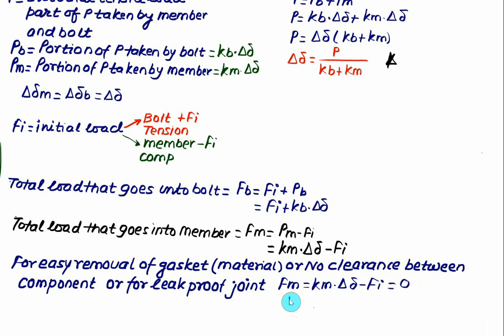Or we have the initial load Fi should be equal to Km multiplied by del delta, and we can replace the value of del delta as P upon Kb plus Km. So this time we'll get the equation as Fi equal to Km upon Km plus Kb multiplied by external force P.